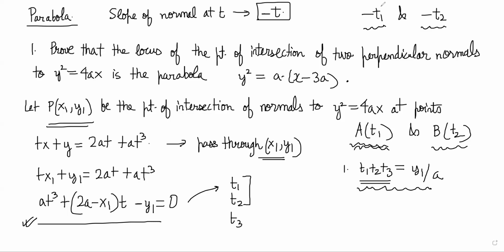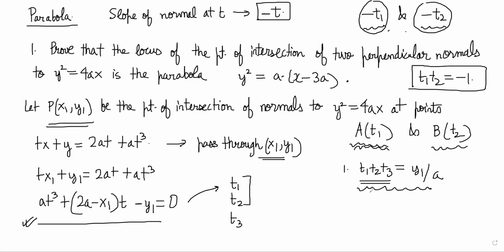Therefore, we know that the product of these slopes will be -1, right? The question said that the normals are perpendicular. So the product of this and this is -1. So that means T1, T2 is -1. And if T1, T2 is -1, we can put that here. And therefore, we get T3 to be equal to minus y1 by a. So we are getting this result, T3 is equal to minus y1 by a, right?